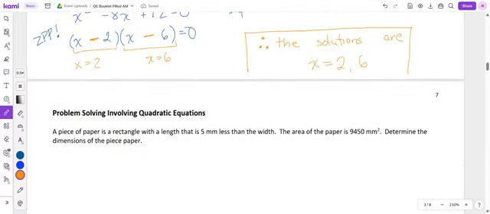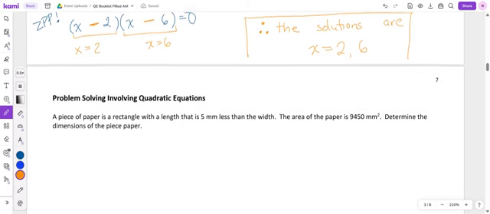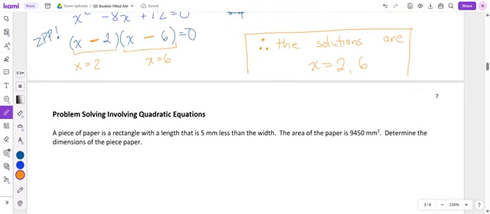All right, let's try to apply this to a word problem. Can I ask, who does not like word problems here? Now, who has a highlighter here? Take it out. Or another color pencil or something.